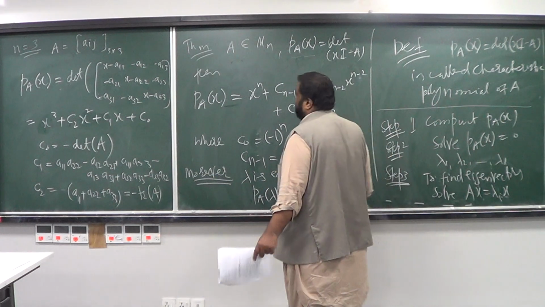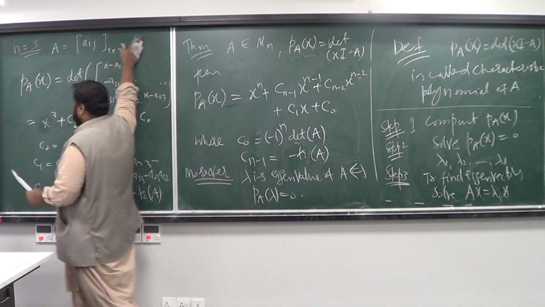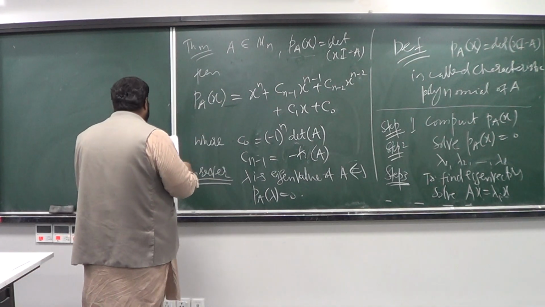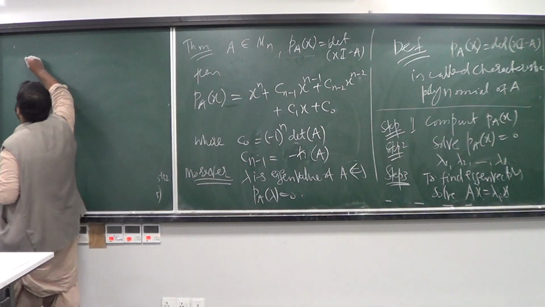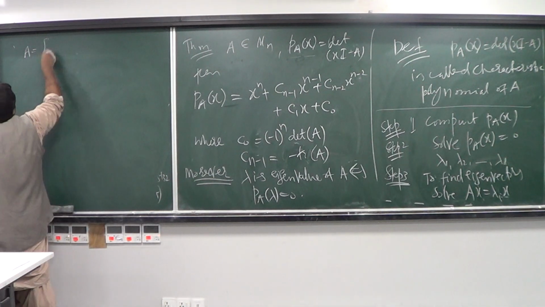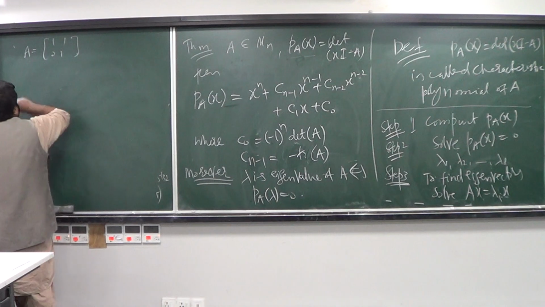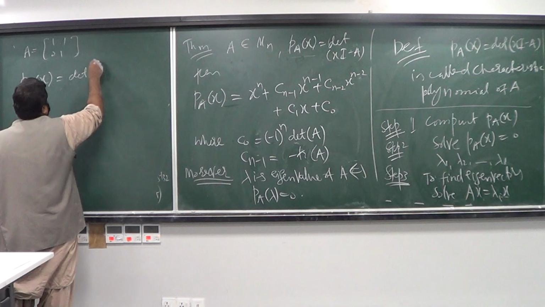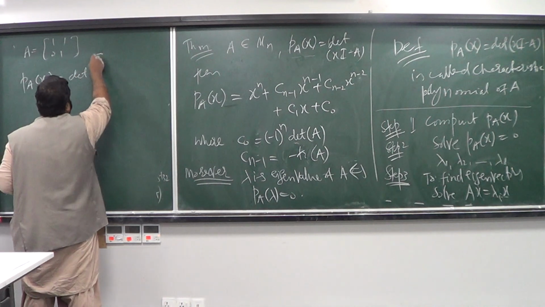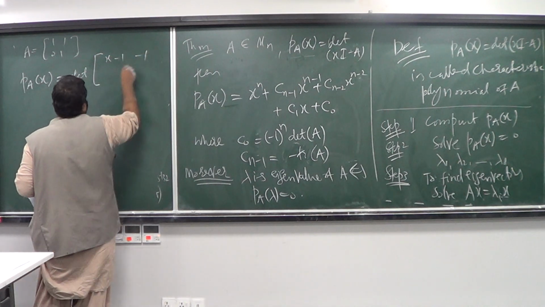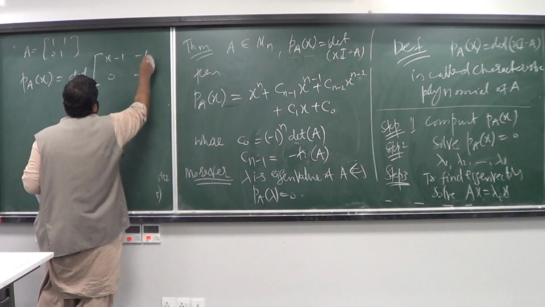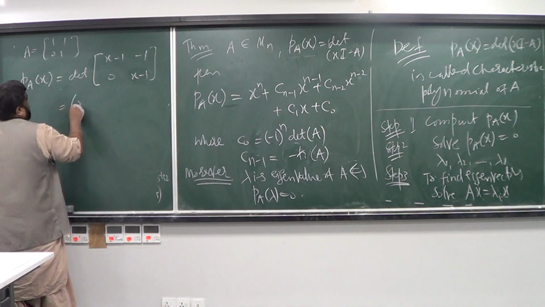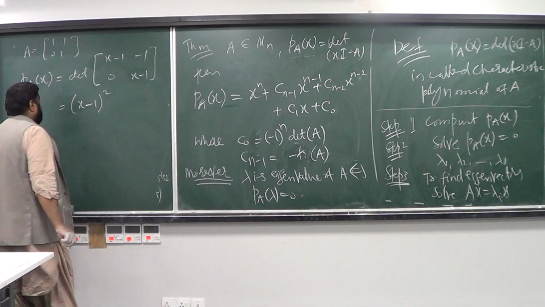This is the more systematic way. You don't have to go here and there to find the eigenvalues. You can compute, for example, with the same matrix. Take the matrix A equal to 1, 1, 0, 1. What would be the Pa of x? It's the determinant of the matrix x minus 1, minus 1, 0, and x minus 1, and this is x minus 1 squared.